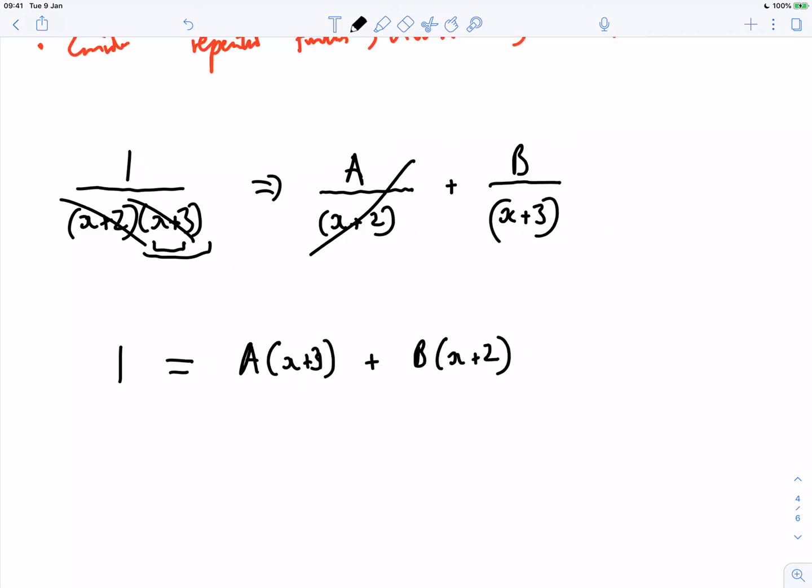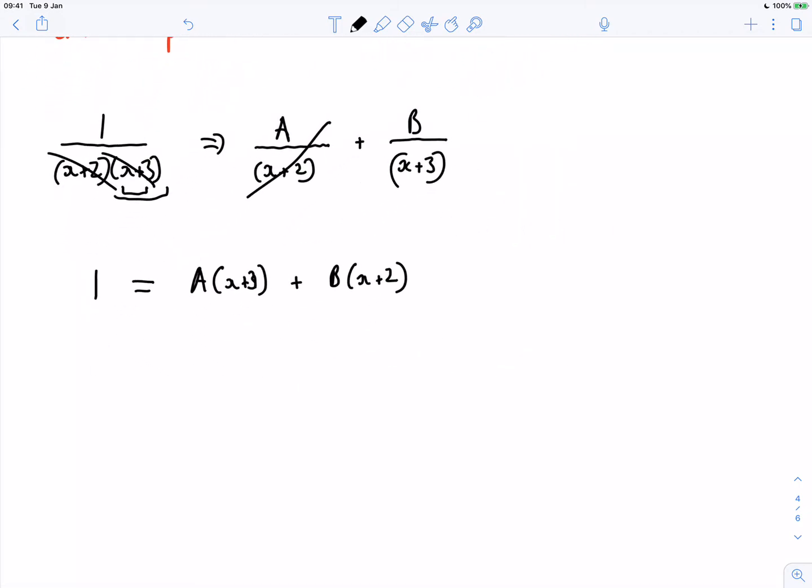Now, there's two ways of finding a and b here. We can either compare coefficients, or we can use substitution and elimination.